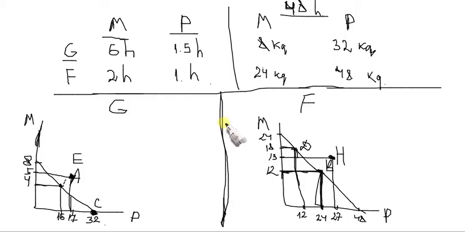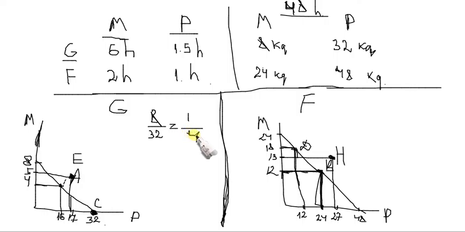And now we'll be calculating opportunity cost. For the gardener, the opportunity cost of producing one potato will be 8 divided by 32. This means 1/4.